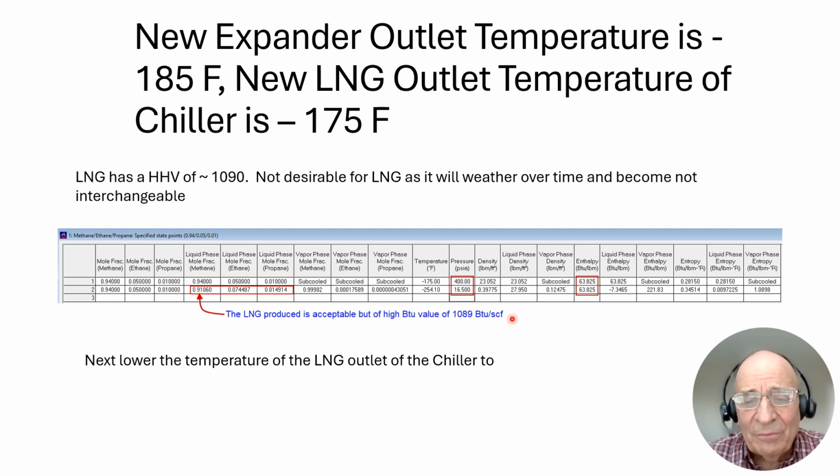But it's quite high BTU content. It has a 1089 BTU content, which means its Wobbe index will also be high. So we want to look at now how we can make it even colder so that this methane concentration gets even higher than the 91%.